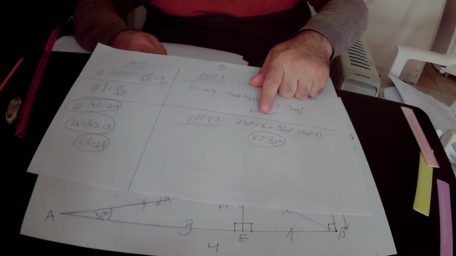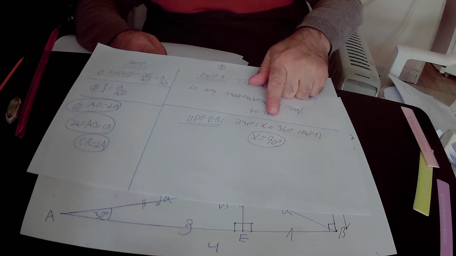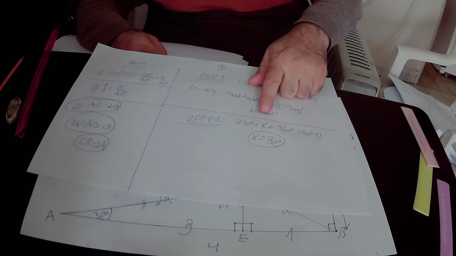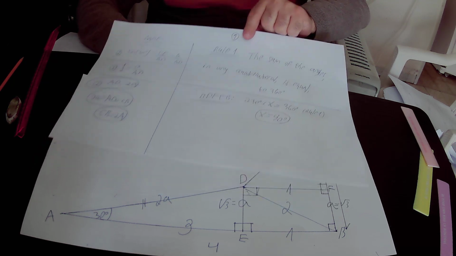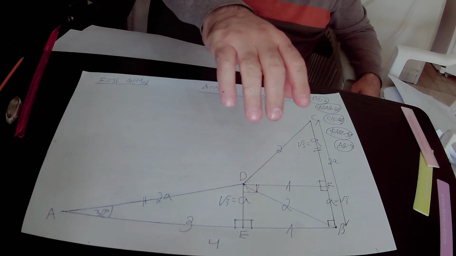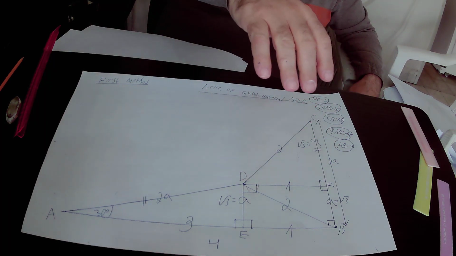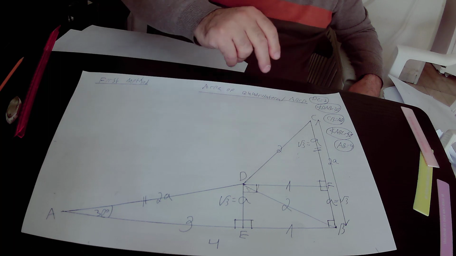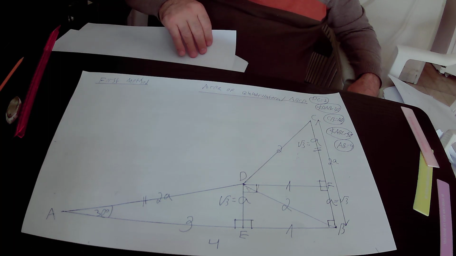We subtract 270 degrees and we got that angle X equals 360 degrees minus 270 degrees, that is to say it equals 90 degrees. So we found out that angle X is a right angle. Therefore, all the angles inside quadrilateral DFEB are right angles. They are equal to 90 degrees.